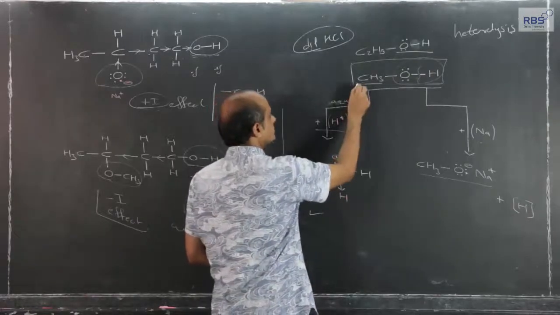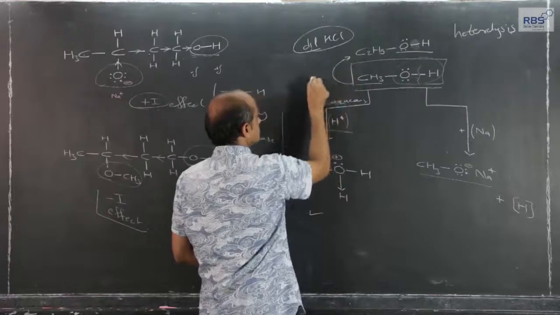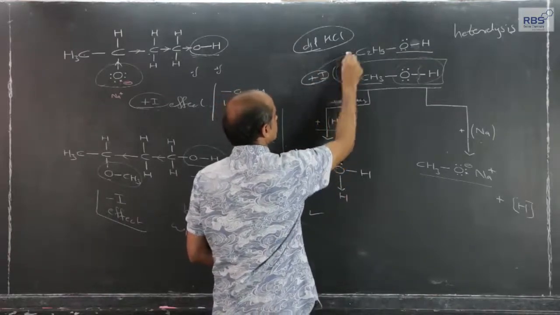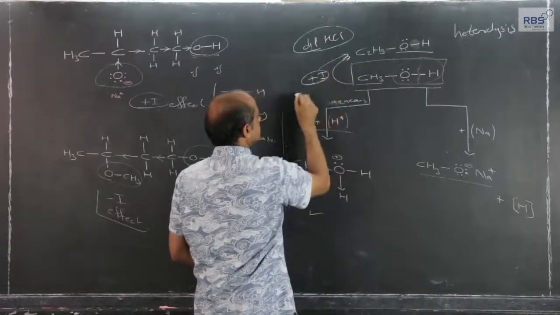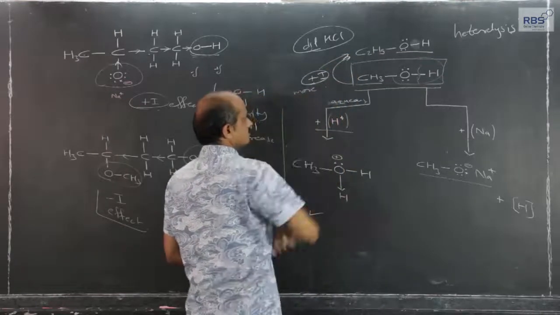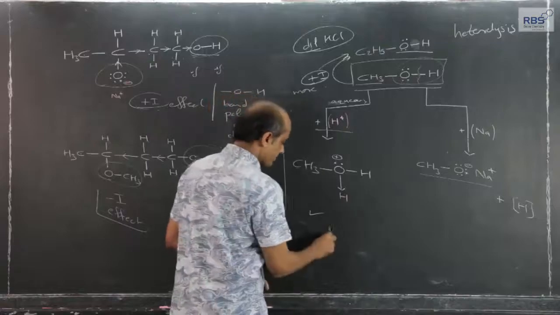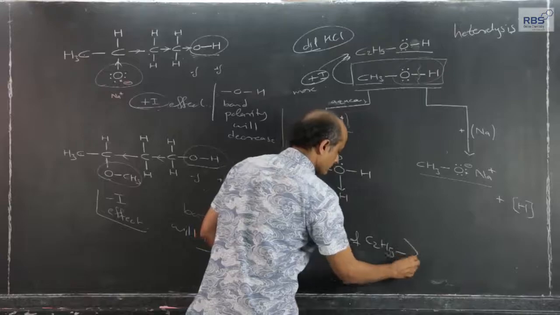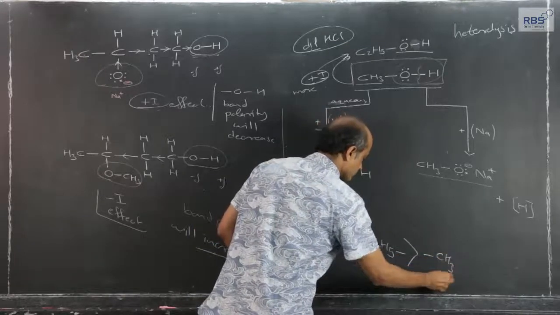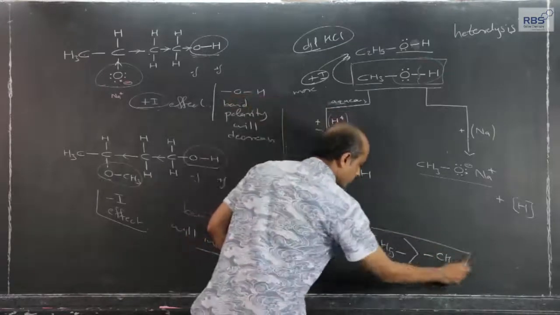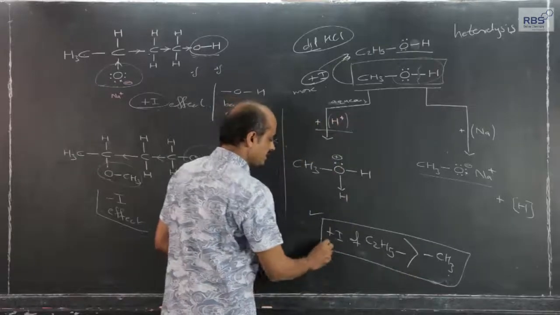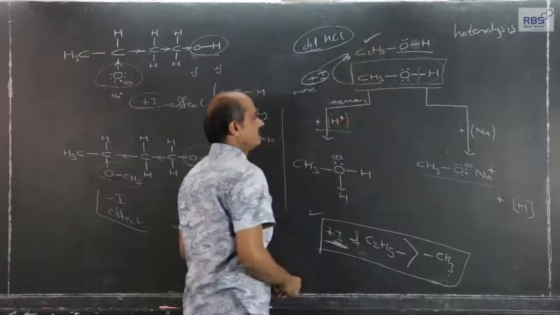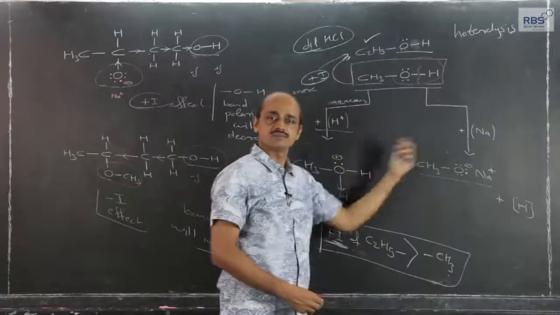But as compared to methyl alcohol, the plus I effect of the ethyl group is more, as the plus I effect of the ethyl group is more than that of methyl. How does this increase in plus I effect of the ethyl group affect both the reactions? Let us see.